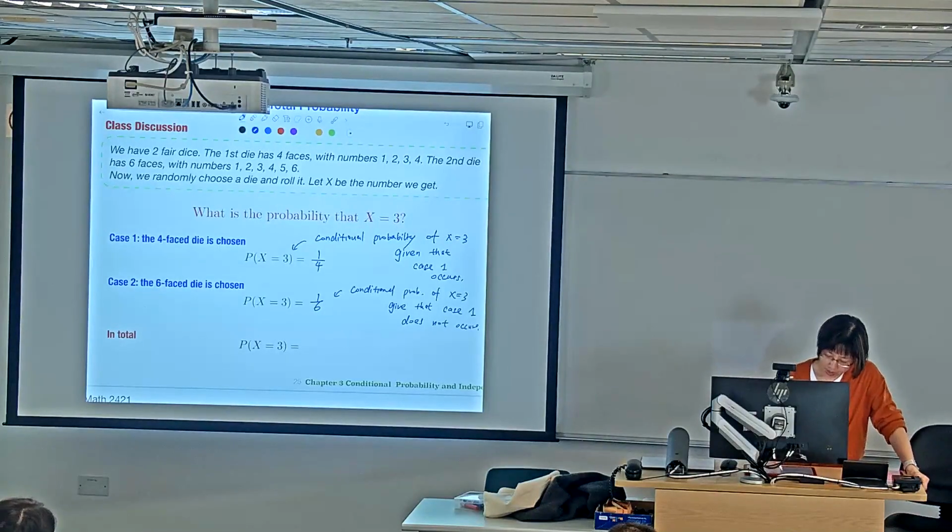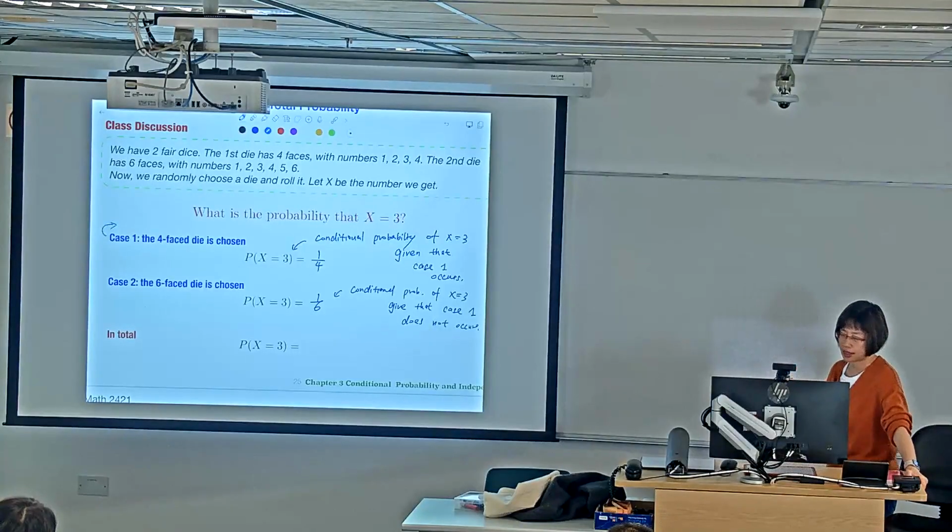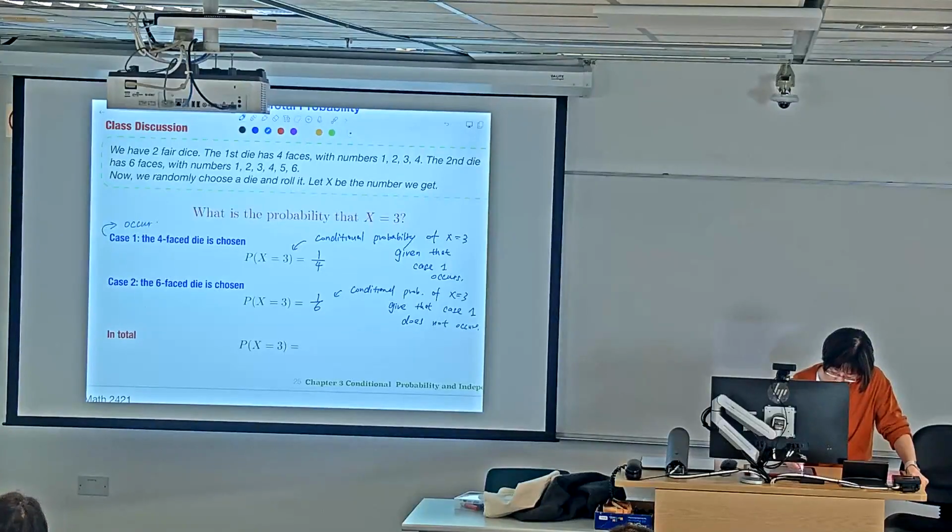And additionally, if we are given that case 1 occurs with probability half, then the other case 2 occurs with 1 minus half, which is still half.